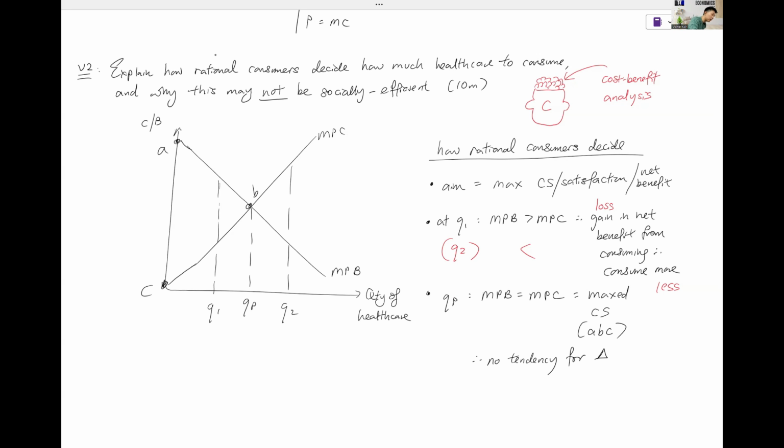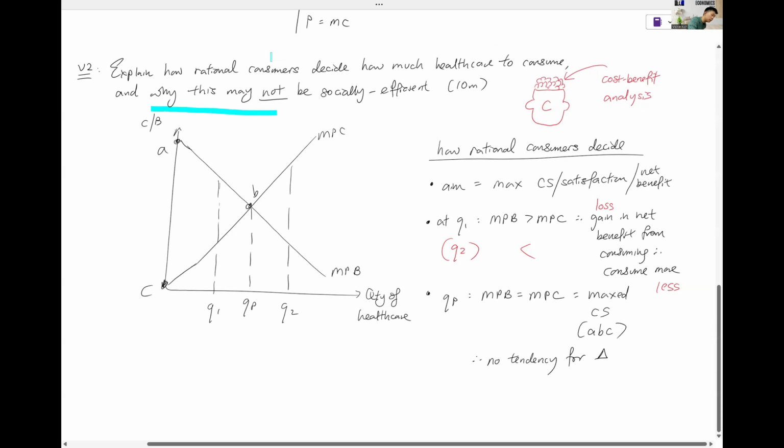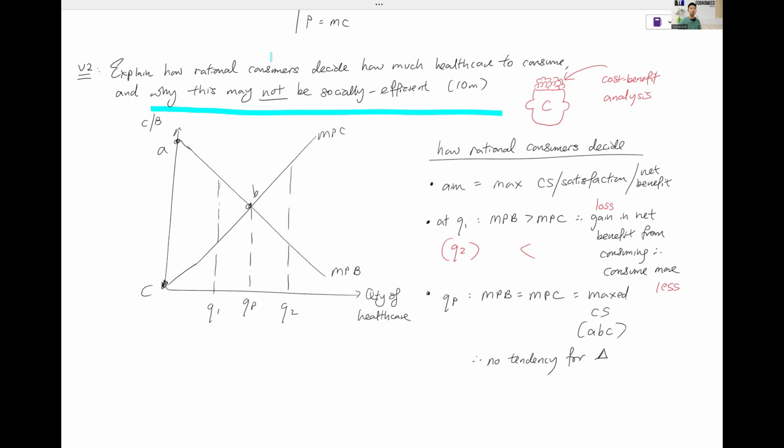Can anyone tell me, to explain the second part, which curve do I throw in? If I want to explain why it's not socially efficient, what do I throw in? Any idea? Why this is not socially efficient is the same as asking marginal social benefit. Good. You draw in one more, MSB.